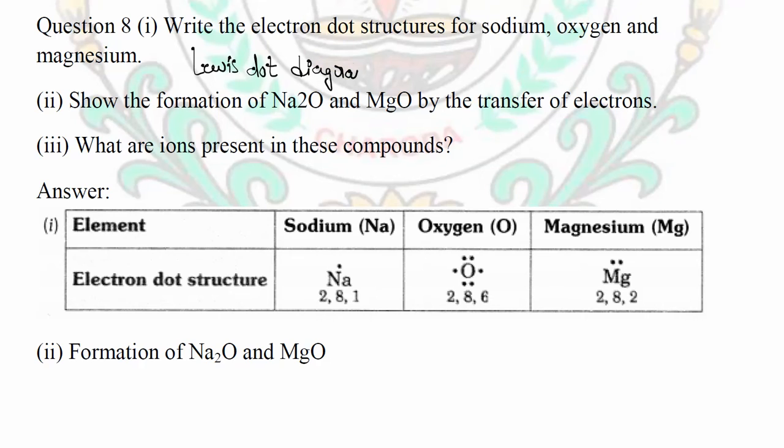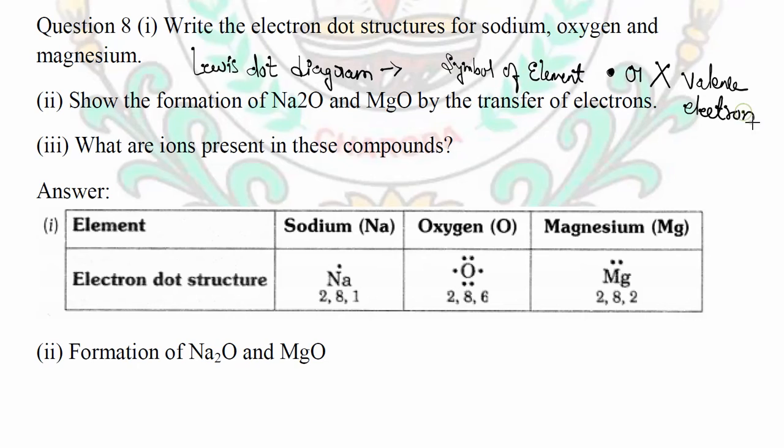In the Lewis dot diagram, for any element, we write the symbol of the element, and on the symbol, dots or crosses are used to represent the number of valence electrons present in that atom. So this is the Lewis dot diagram.